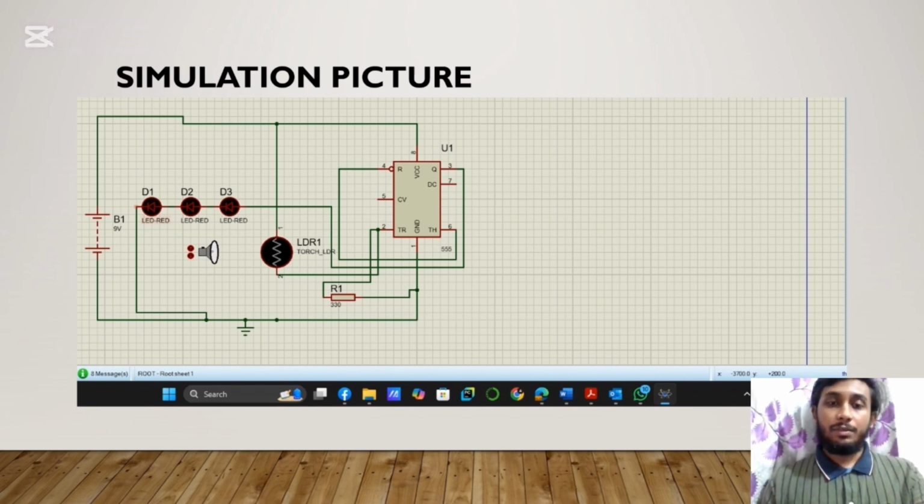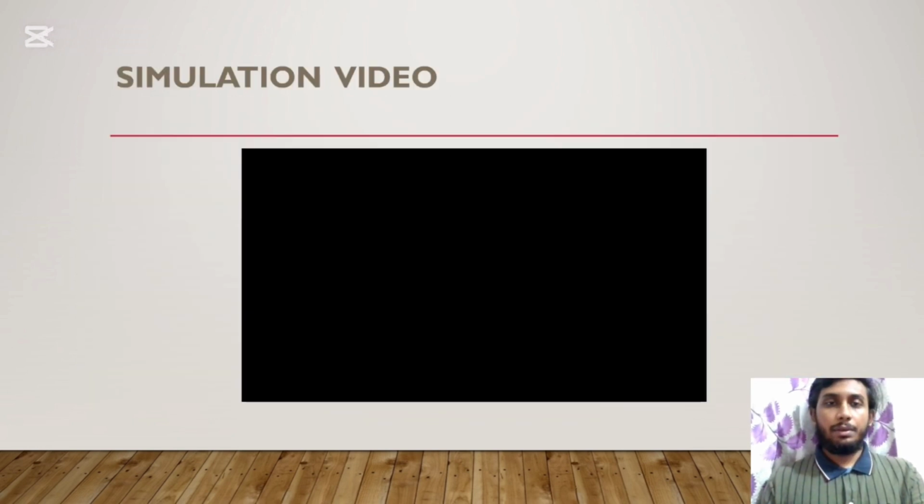The explanation for this is that in the circuit diagram we have used 10 kilo ohm, but in the simulation part we have used this resistance because the time delay of the lights becomes longer when we use the 10 kilo ohm, but it reduces and matches our project with the 330 ohm. We have also given a simulation video in our presentation which will be helpful for you to see, I guess.